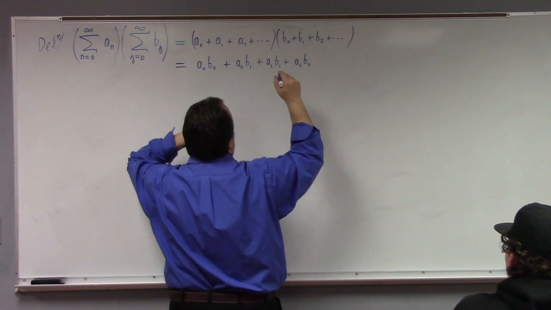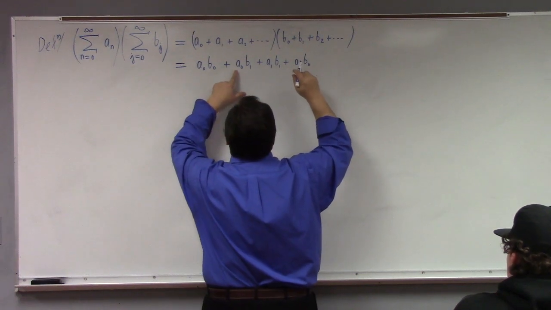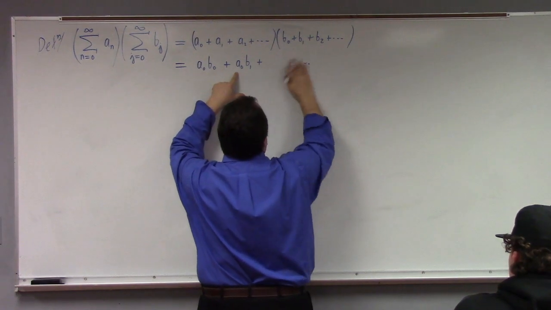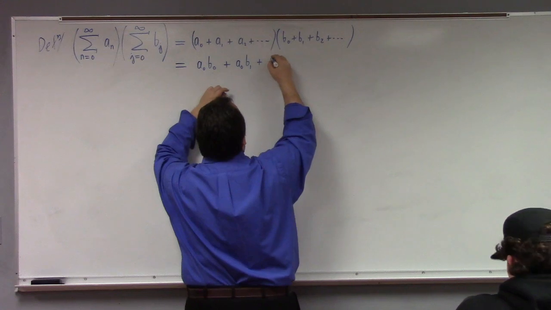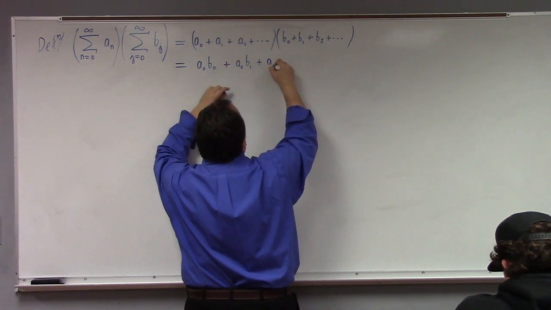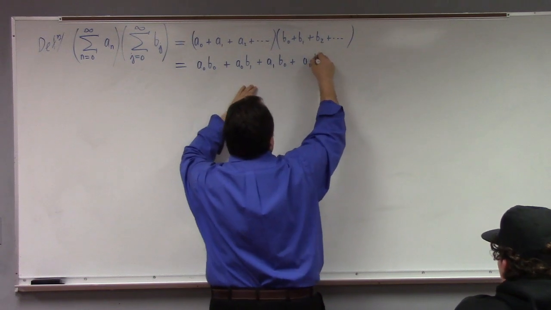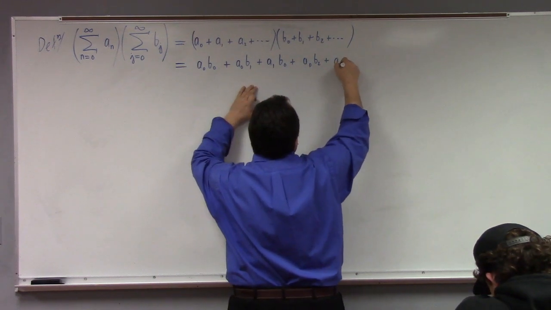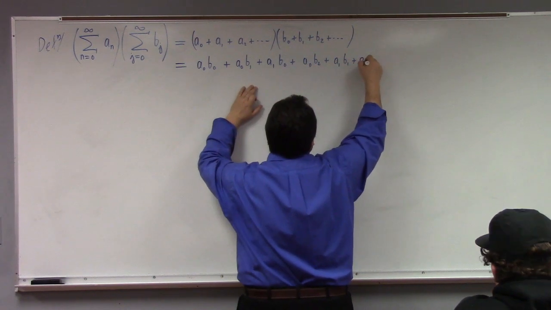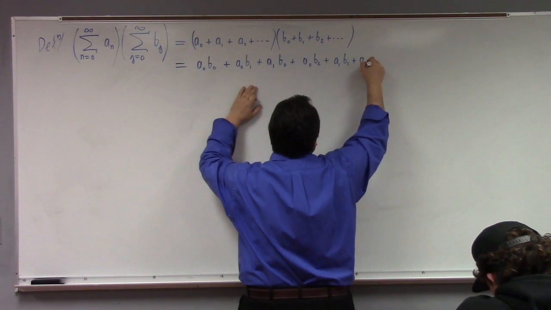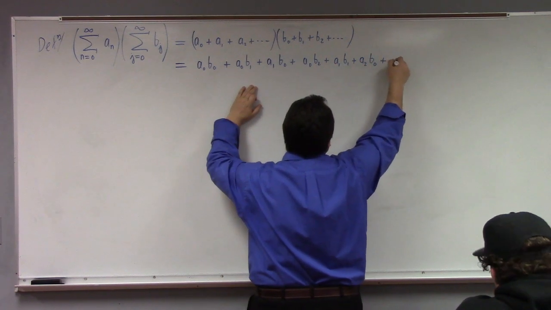Sorry, guys, I'll get with it here in a second. I meant to put A0, B1 plus A1, B0. And then I will do A0, B2 plus A1, B1 plus A2, B0, something like that.